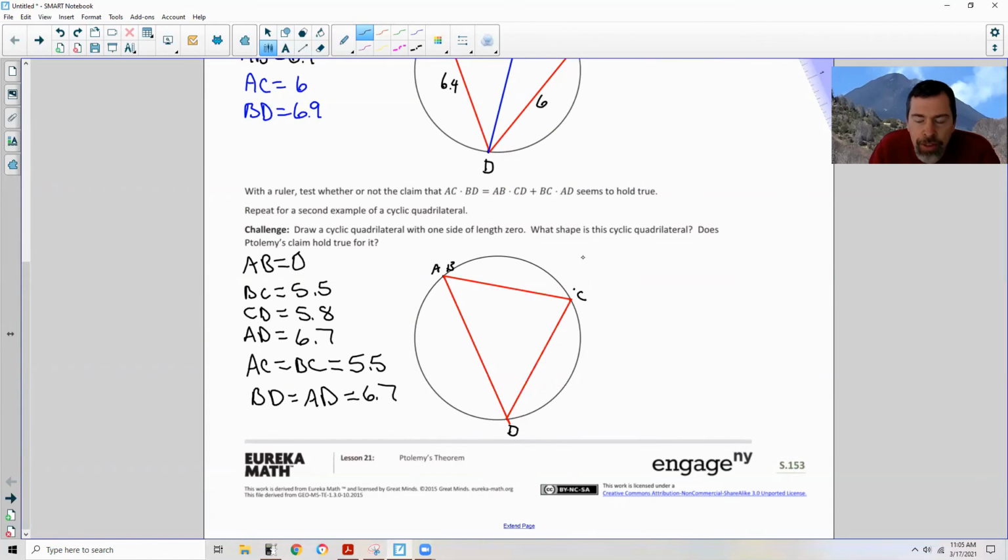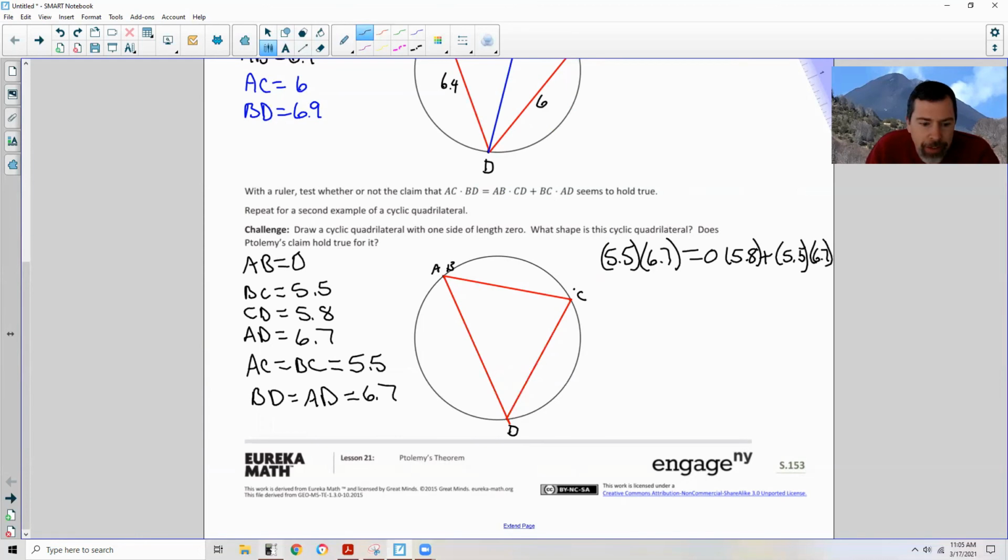And how is this going to set up? Well, we take AC, which is 5.5, times BD, which is 6.7. And that is going to equal AB, which is 0, times CD, which was 5.8. Doesn't matter what CD is, that's going to be 0. And then BC is 5.5 times AD, which is 6.7.